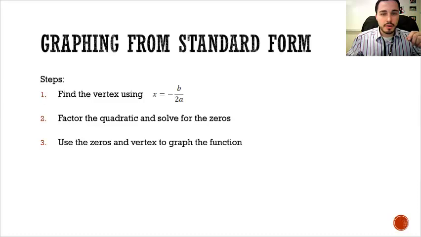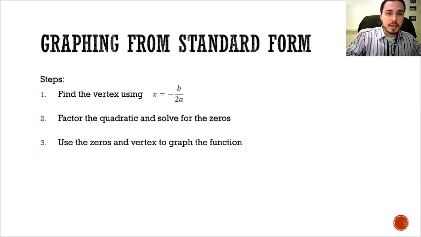So first off here, what we're going to do with each of these problems, we're going to find the vertex. Remember, using standard form, the x value of the vertex is found by doing the negative b over 2a business. But that's only the x part of the vertex.